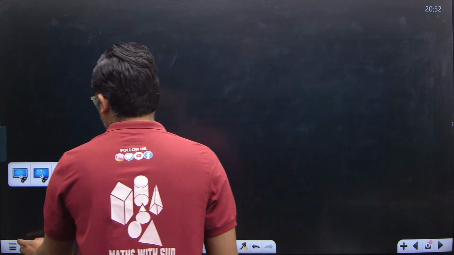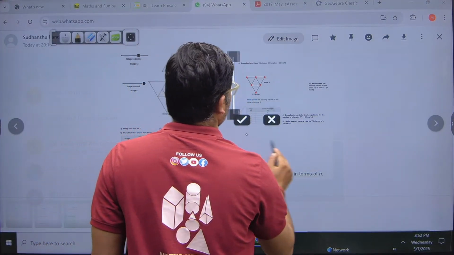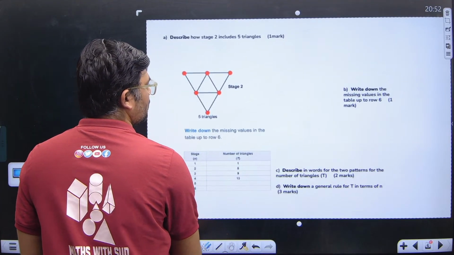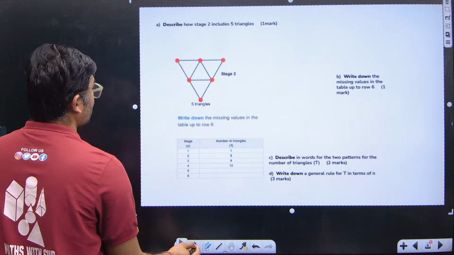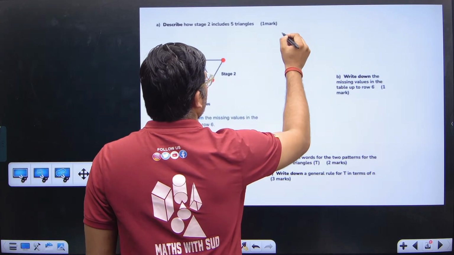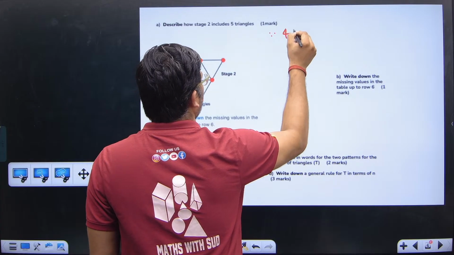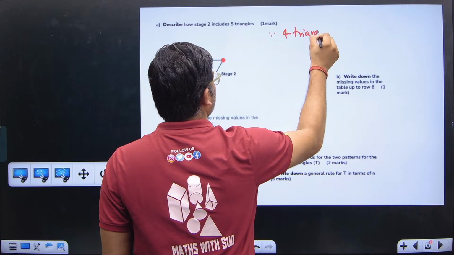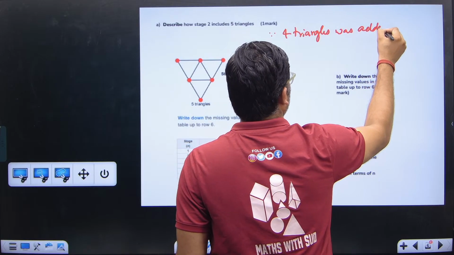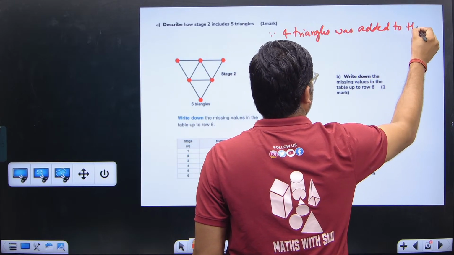So I am just confused in one of the parts. So I think by describe they mean just write down what you can see. Describe how stage 2 includes 5 triangles. So you will write because 4 triangles was added to stage 1 triangle.